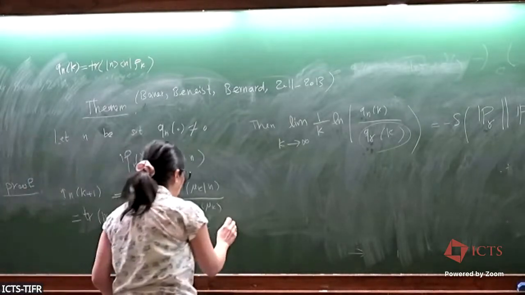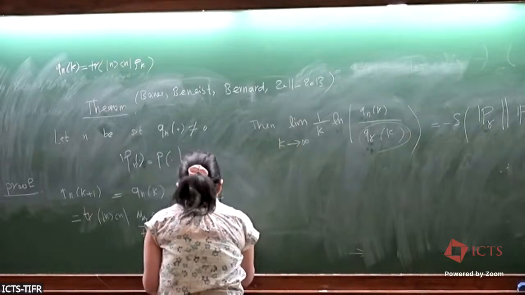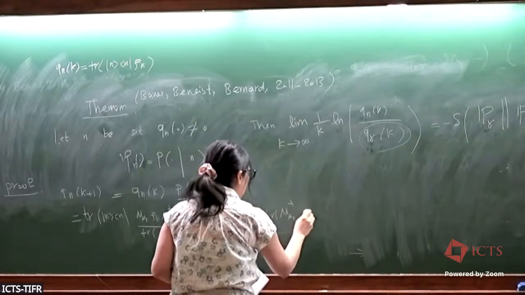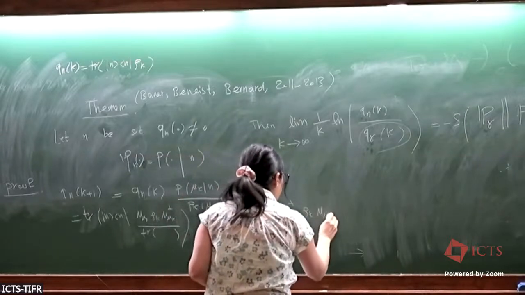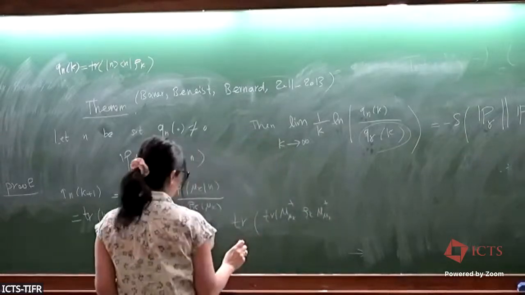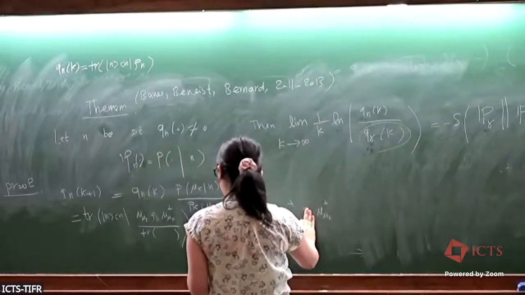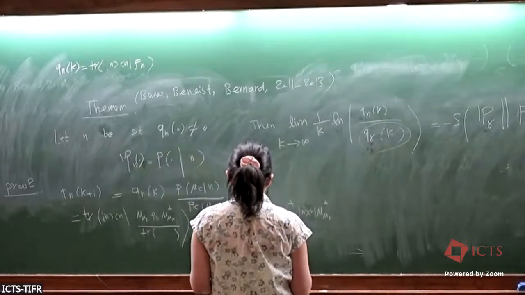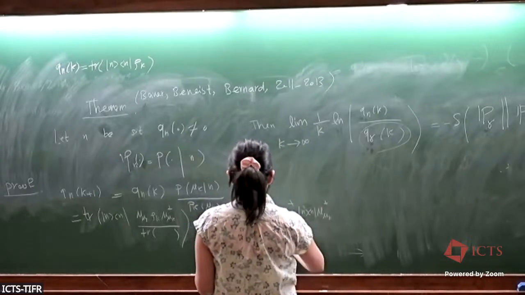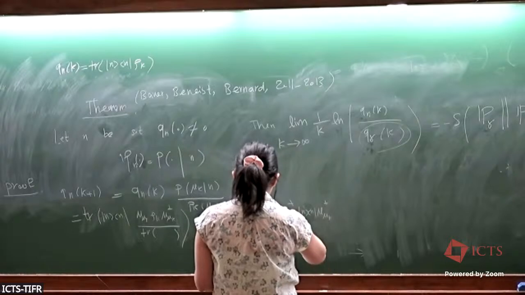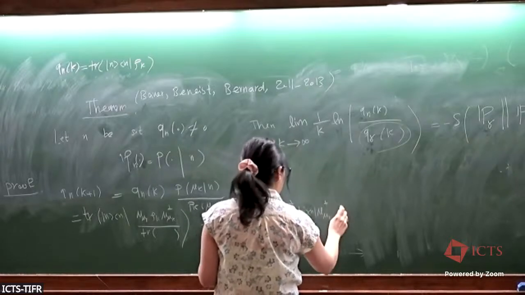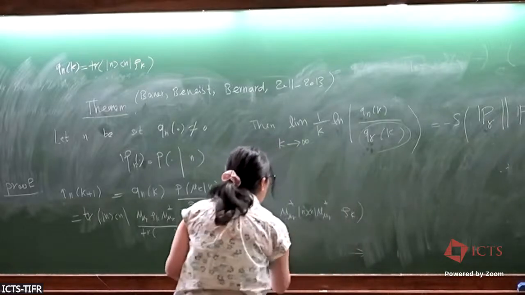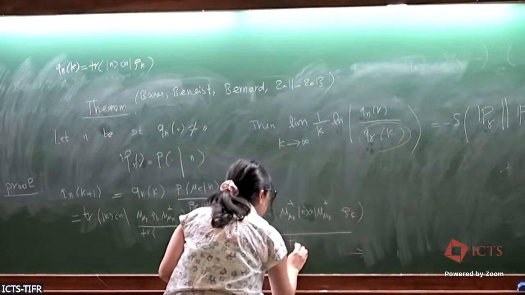So then you have the trace of Nn mu k rho k mu k dagger, over the trace of this.